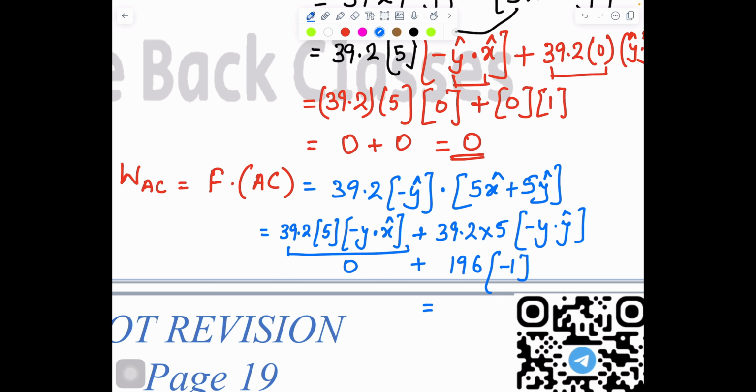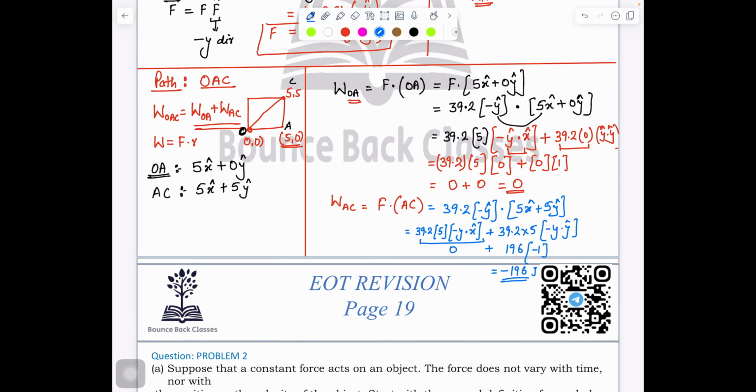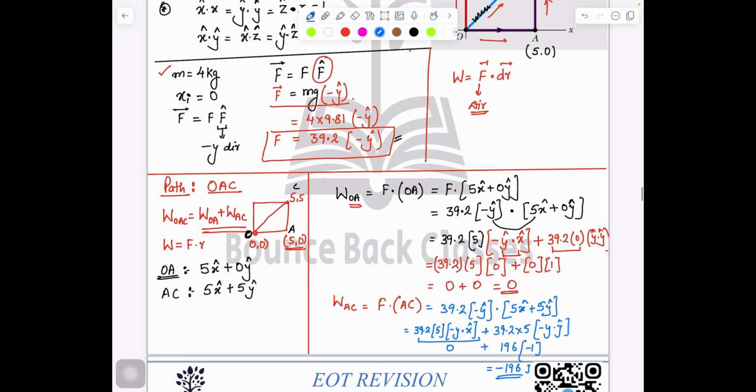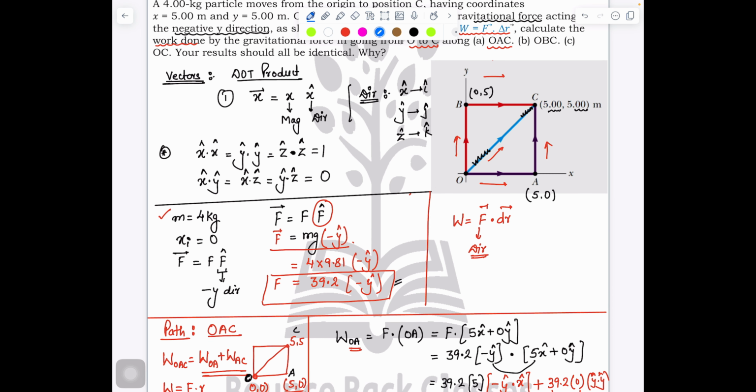So what is your answer? Negative 196 joule. Do you understand? Similarly, when you solve OAC, OBC and OC, all three cases, you will get the same solution.